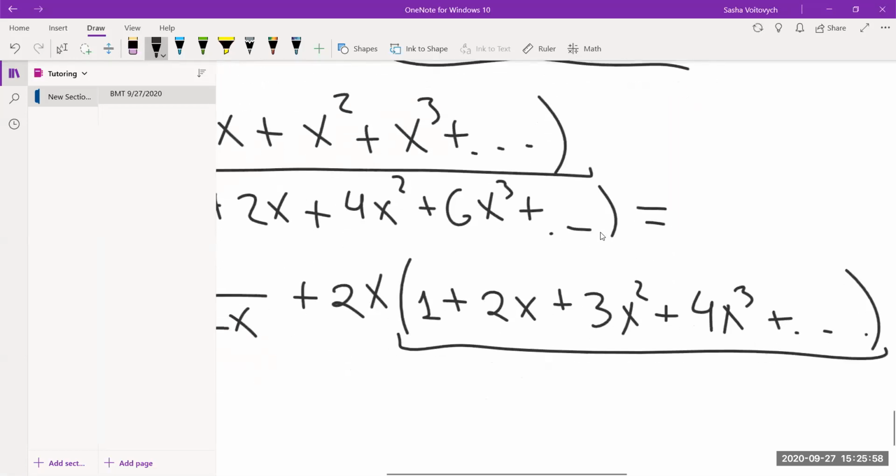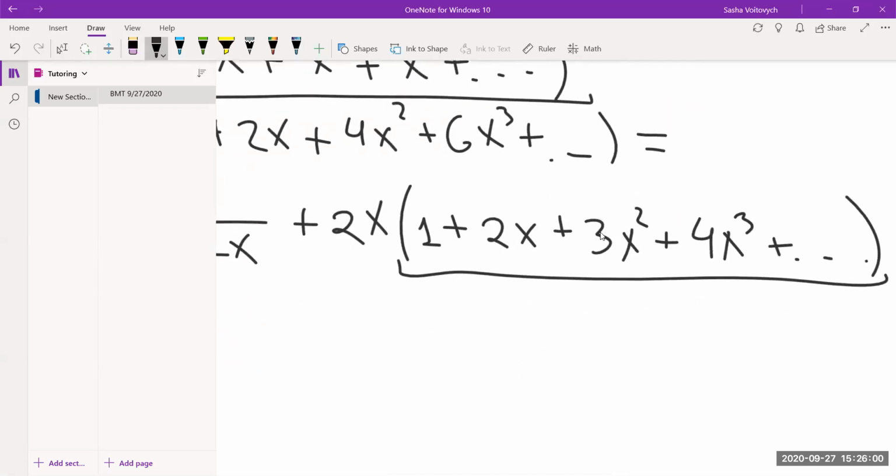The general term of this generating function is n x to the power of n minus 1. You may have seen this when we perform differentiation. And so it turns out that you can differentiate generating functions like you would a sum of functions.